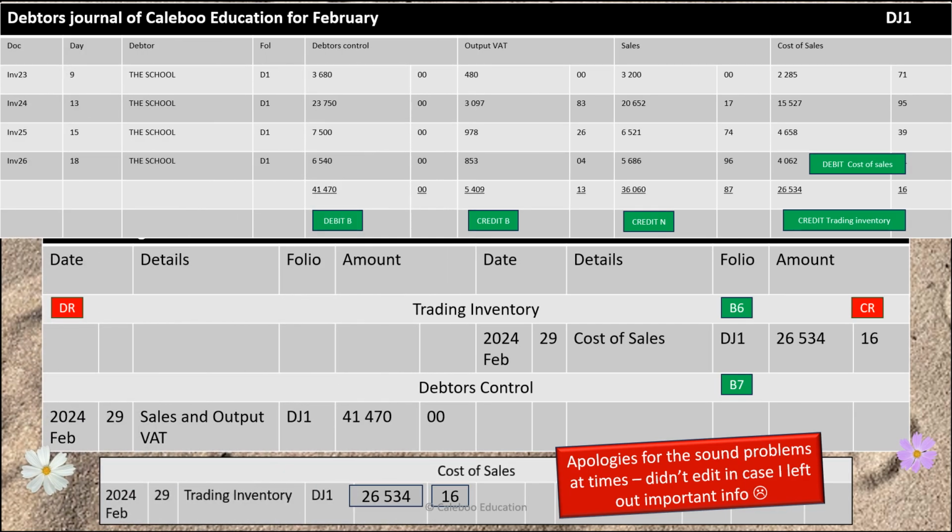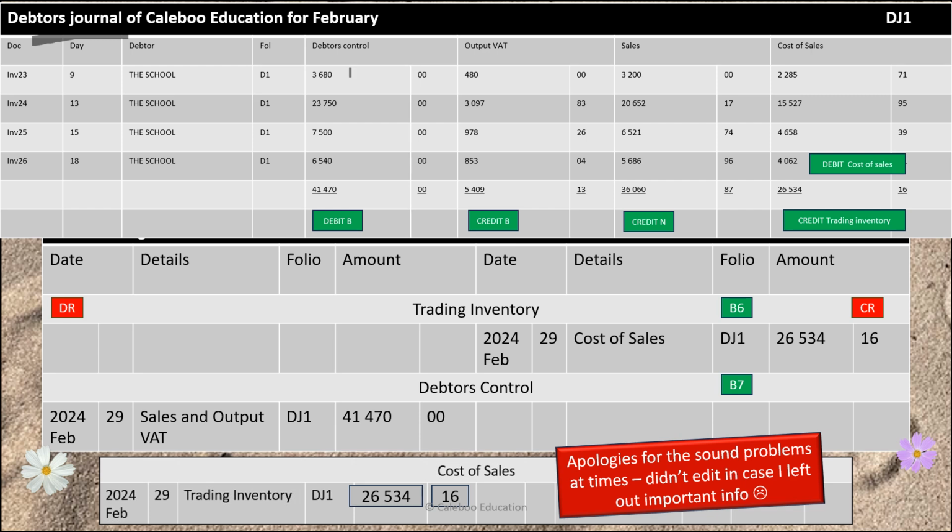All the transactions for the month of February are now recorded in the debtors journal, and the next step is to take that information and post it to the general ledger. One of the purposes of a journal is to take the load off the ledger.